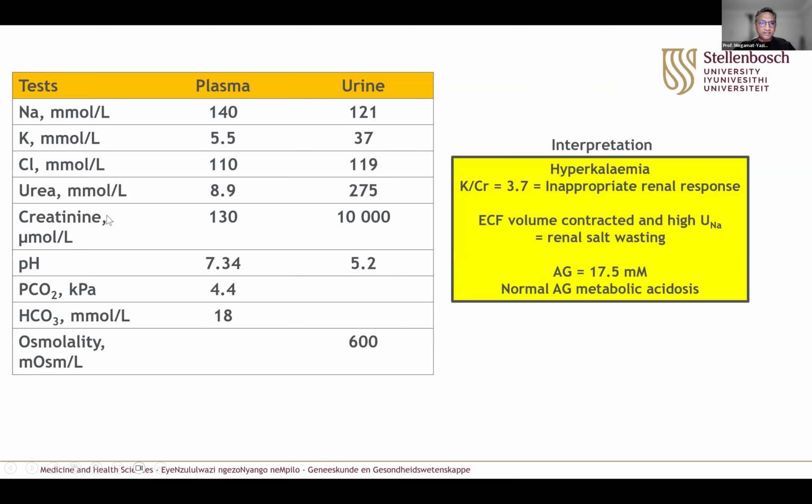And because creatinine is measured in micromoles per liter, we have to convert 10,000 micromoles per liter into millimoles per liter, which is really dividing by 1,000. So if we work out the ratio, it's 37 divided by 10 millimoles. Converting micromoles into millimoles gives 10 millimoles, and that would give you exactly 3.7.